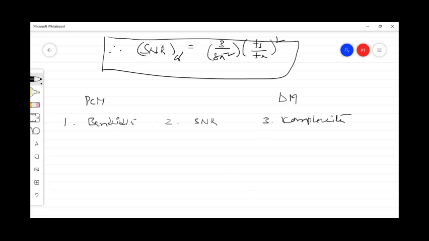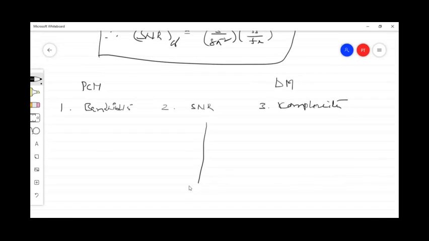Now regarding bandwidth, what about the bandwidth of PCM? Let us take PCM. The bandwidth of PCM is equal to how much? We already determined it in the third unit itself.